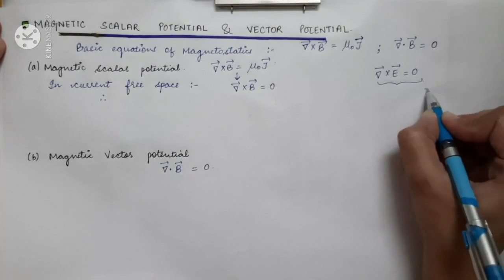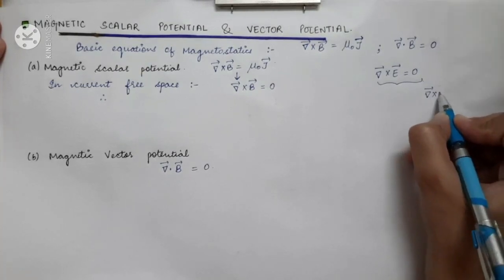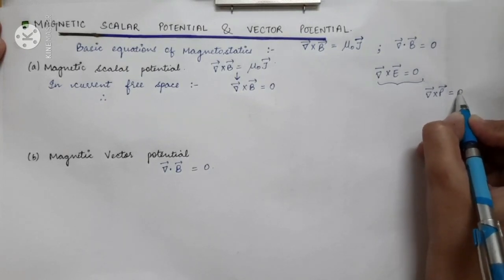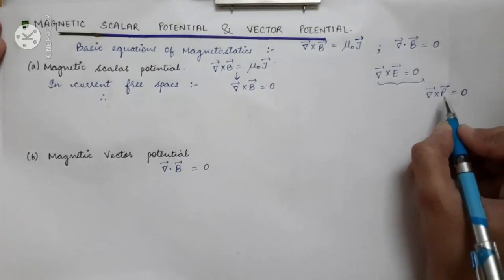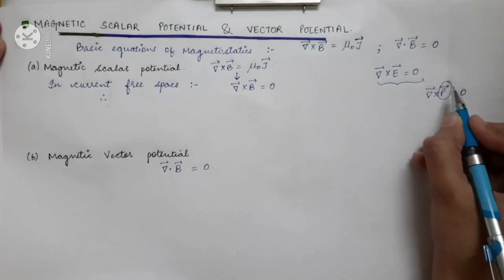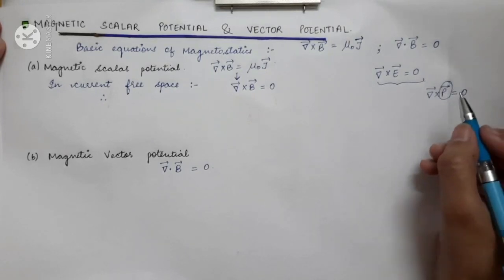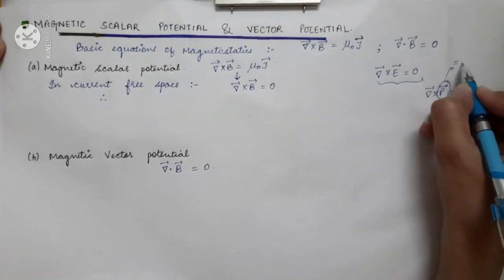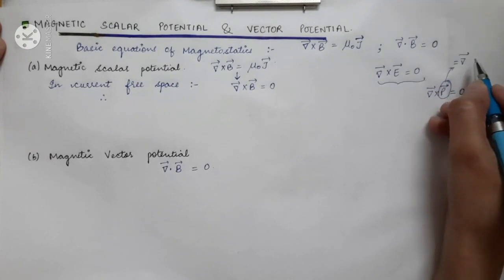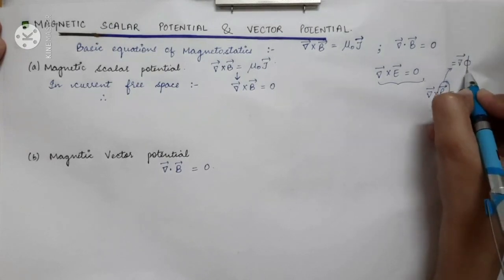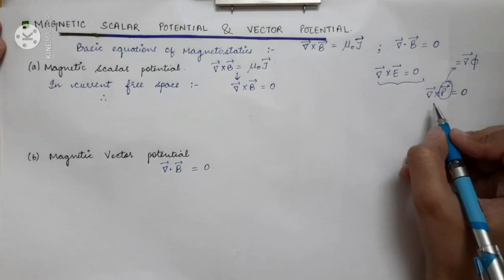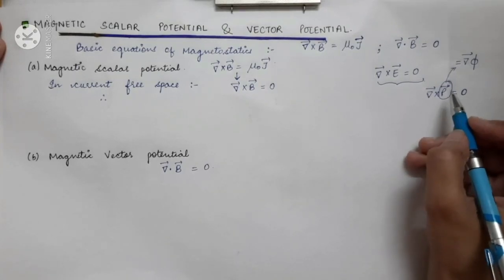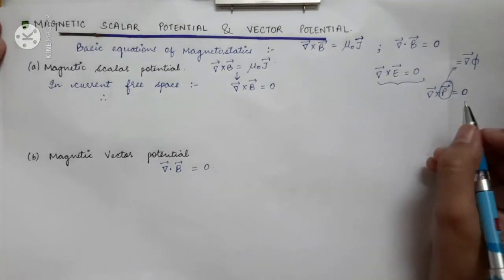So if you have any vector, let's suppose p vector, and curl of this vector field is equal to 0, then this p vector can be written as gradient of some scalar function, let's say phi. So if curl of any vector field is equal to 0, then that vector field can be written as gradient of a scalar function.